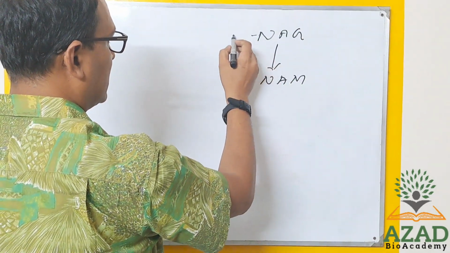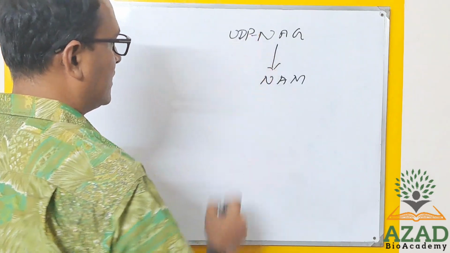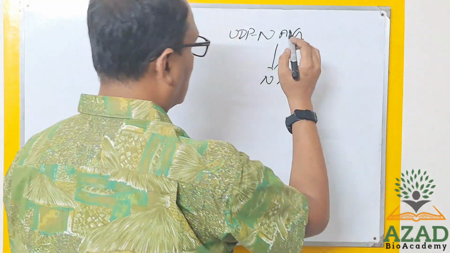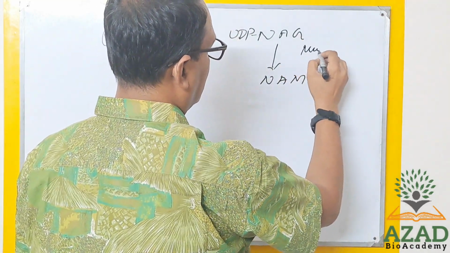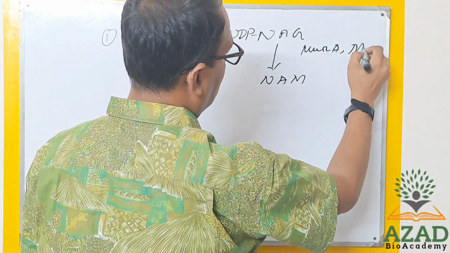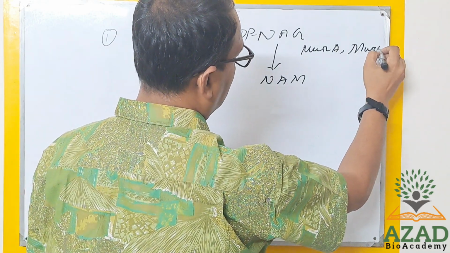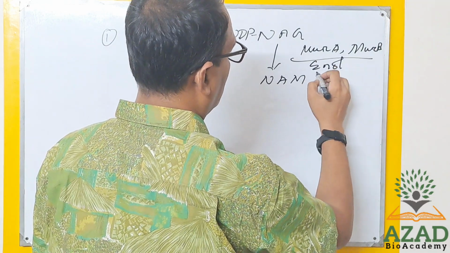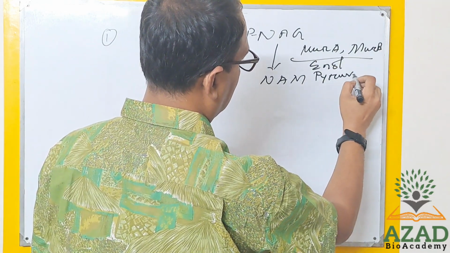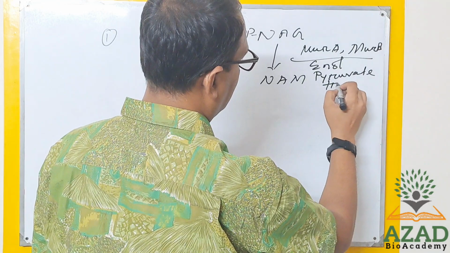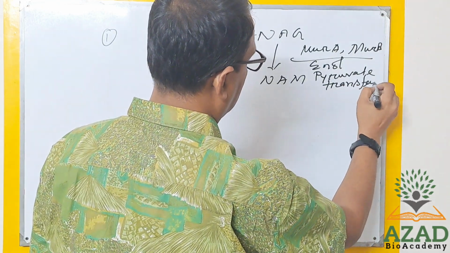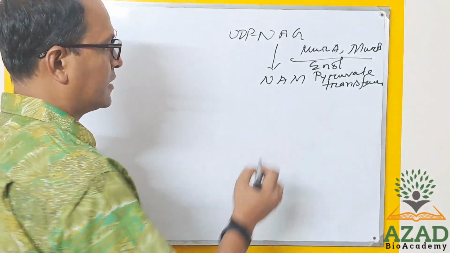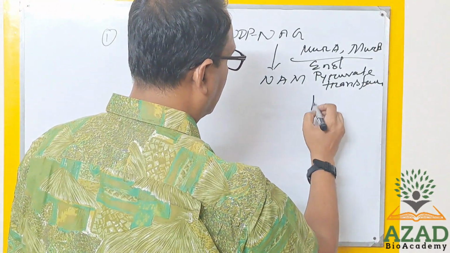Of course, initially UDP is attached there, and the enzyme name is MurA, or you can also say MurB. The alternative name is enolpyruvate transferase. That enzyme will be inhibited by fosfomycin.